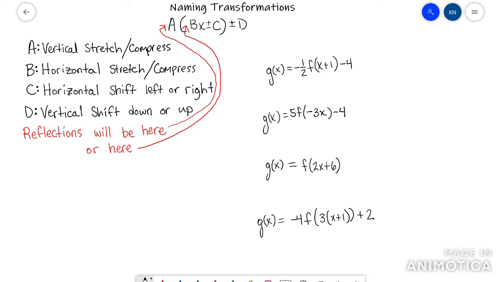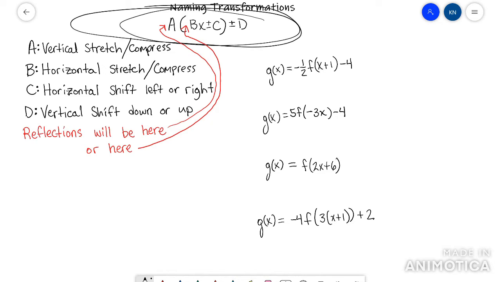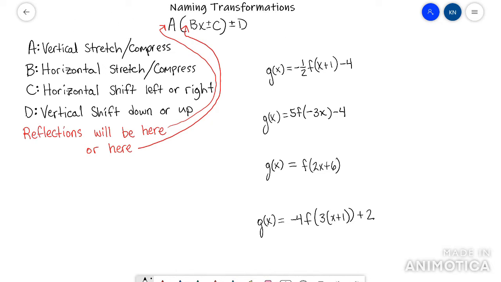This video is going to go over naming and knowing the values and directions of transformations that are applied to functions. So, the very first thing I would say before you even start talking about transformations is know what each letter represents.